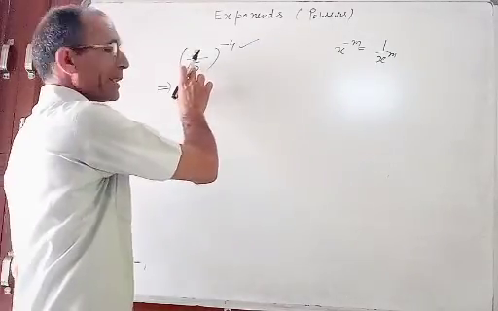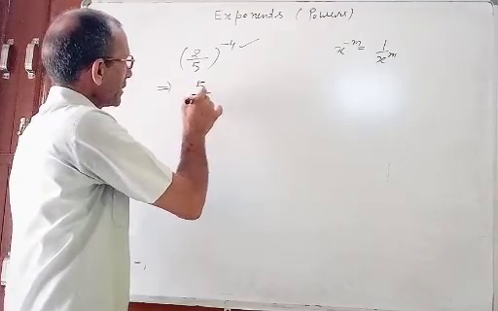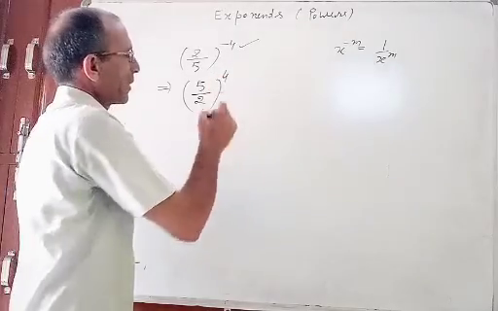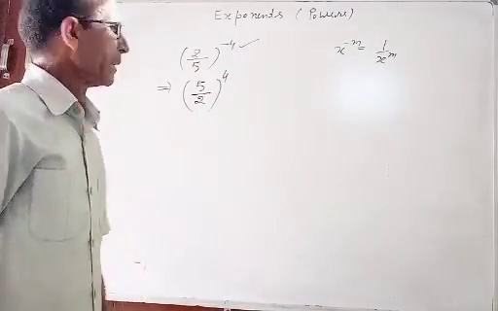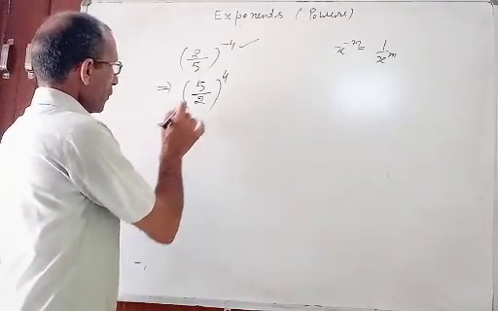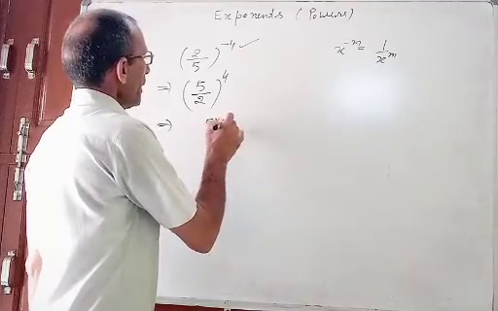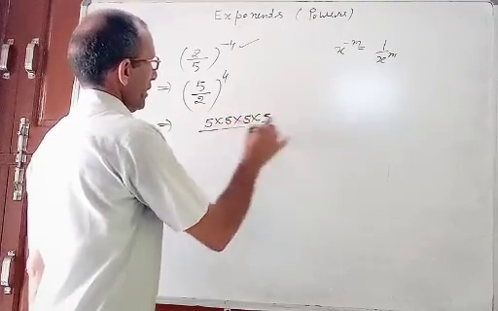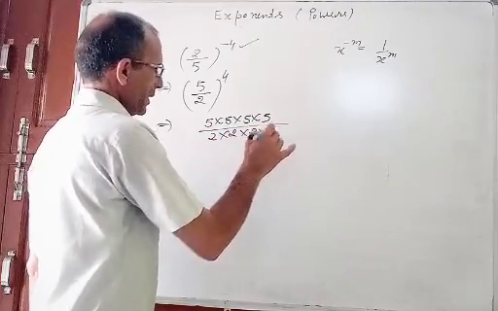So 2 by 5 is the given rational number. Now if I convert into positive power, it is 5 by 2 raised to the power 4. It means 5 is multiplied 4 times: 5 multiplied by 5 multiplied by 5 multiplied by 5, over 2 multiplied by 2 multiplied by 2 multiplied by 2.